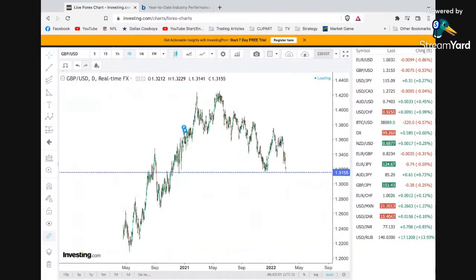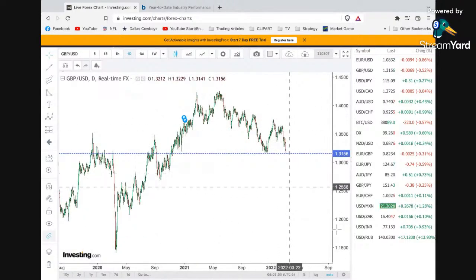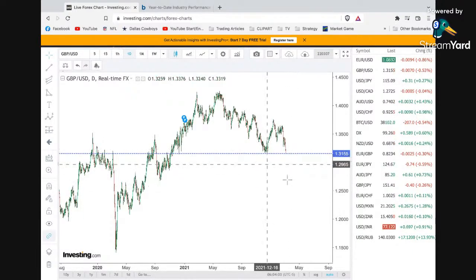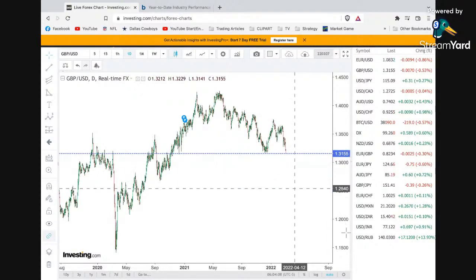When that happens, typically you have a more extended move. So this is not likely to end in a couple of days, or it depends on how fast it drops. Let me just say, this suggests a more extended decline.